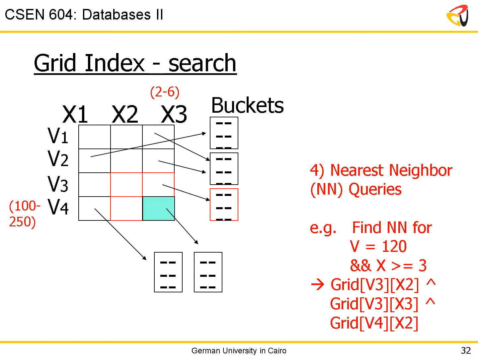The nice thing about this is that we could also answer nearest neighbor queries. This is the first time you see a data structure, apart from R-trees, that gives you the ability to answer nearest neighbor queries. And again, don't think of this as just being geographic information.